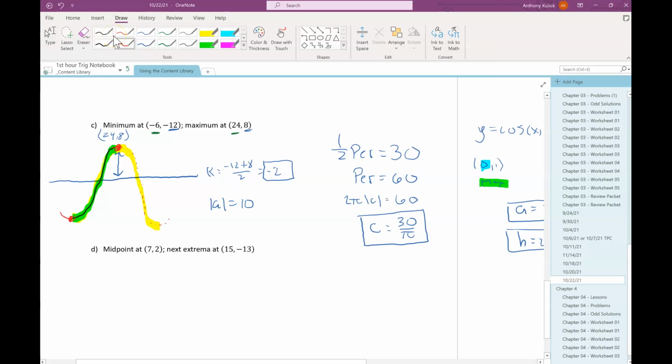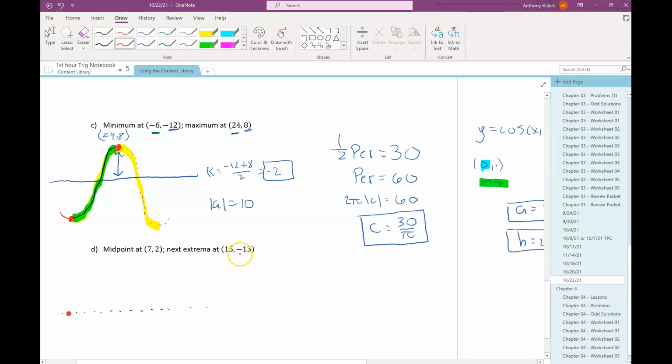So I'm going to start by drawing a picture. I'm going to start by drawing the midline since I have a midpoint here. It probably makes sense to start that way. And so there's my midpoint that's on the midline. And it says the next extreme is at (15, -13).